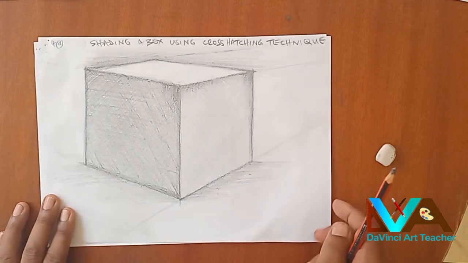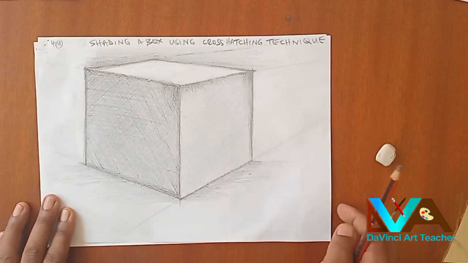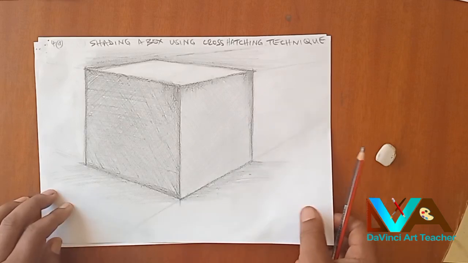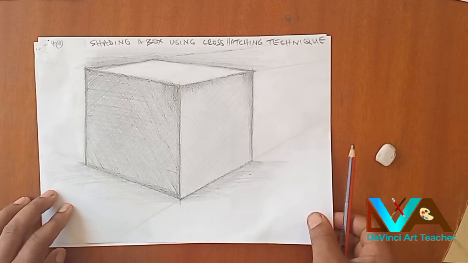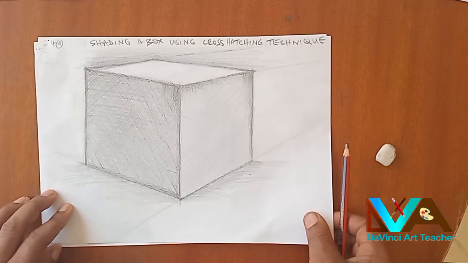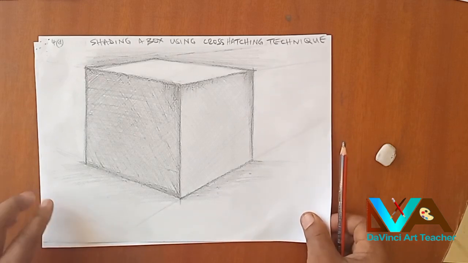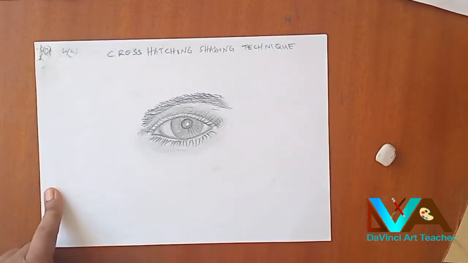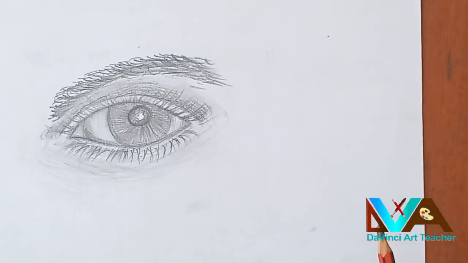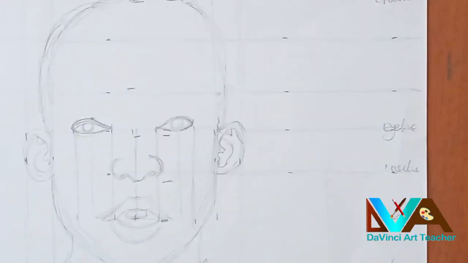We shall also apply cross-hatching, which uses lines that cross each other at various angles to create various shades and other effects. This is cross-hatching technique.